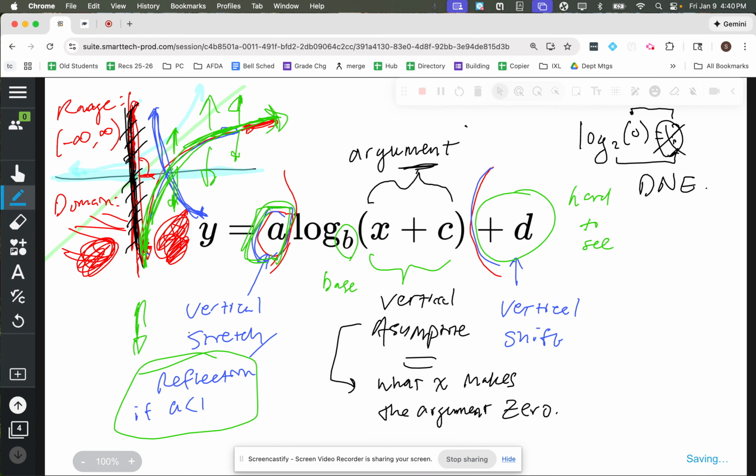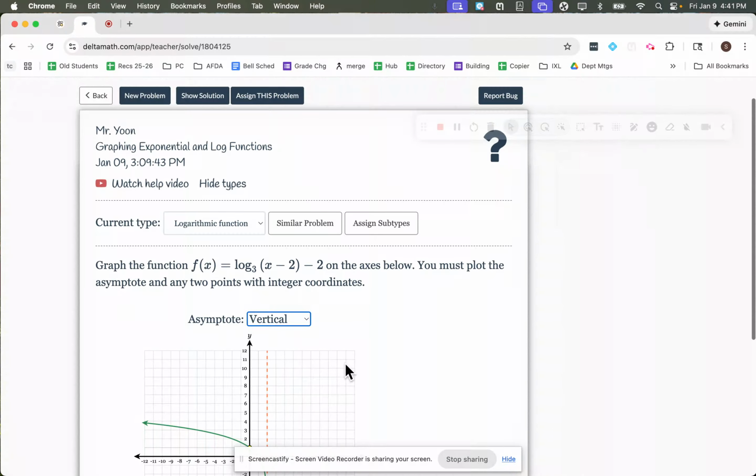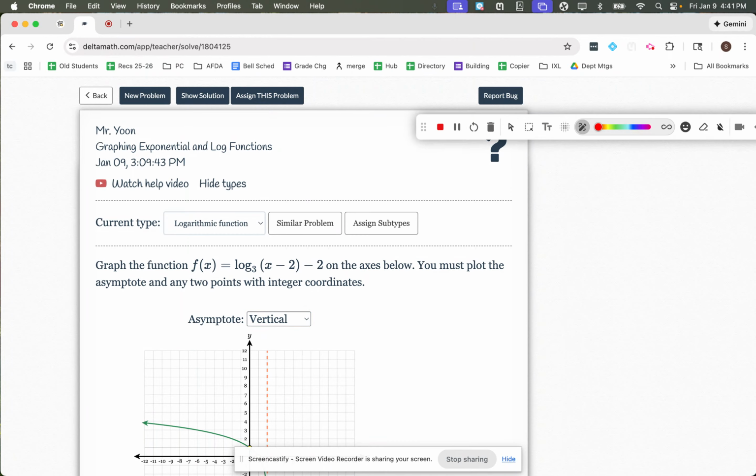Let's put it into action. First thing that we're going to do is determine the asymptote. And let's just be really clear, for every log function, the asymptote is absolutely vertical. So as we just said, we will make the vertical asymptote hit x equals what makes the argument 0.